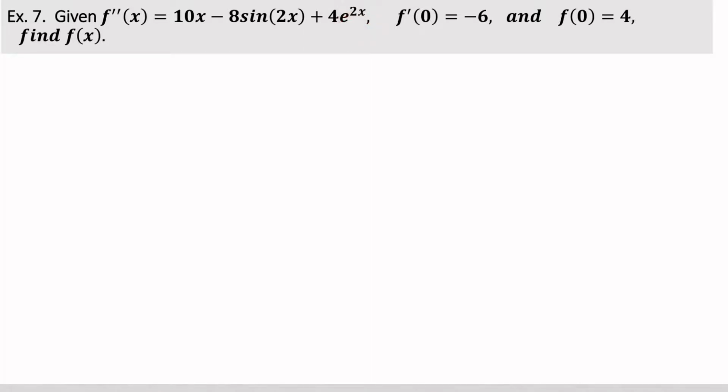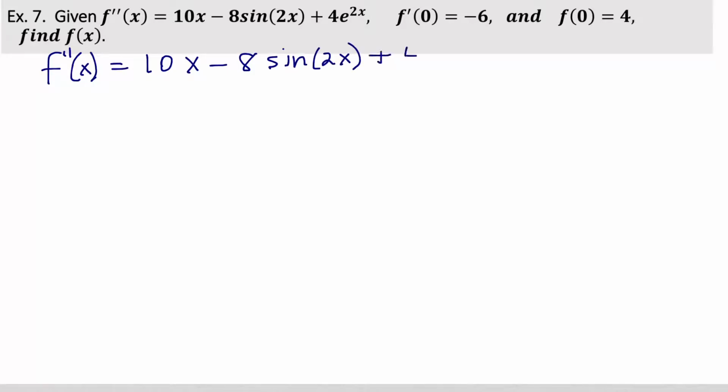All right, so first we're going to start with f double prime of x. And we'll take the antiderivative of that to get f prime of x. So this one requires raising it up to 2, dividing by 2.